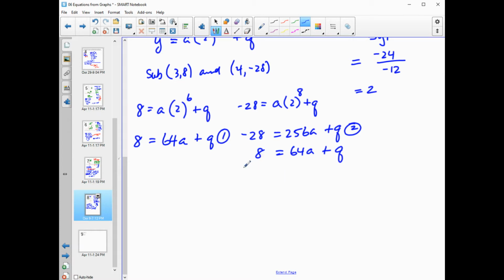-28 minus 8 is -36. 256 minus 64 is 192. So I get 192a, and then q minus q is 0. So a ends up being -36 over 192.